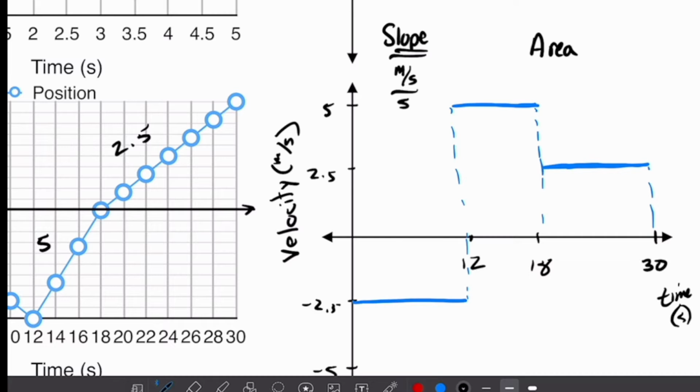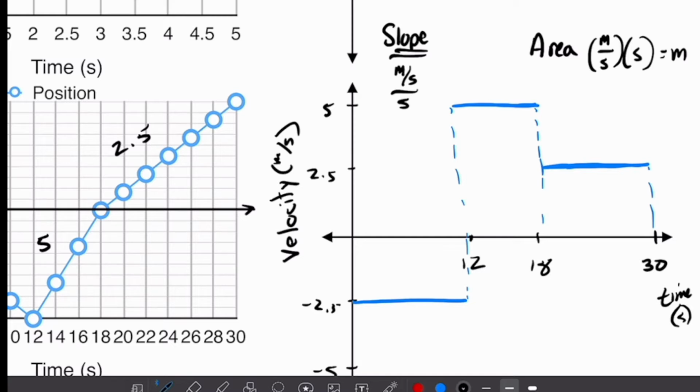Do the same thing for the area, which takes the product of the vertical axis and the horizontal axis. So that's meters per second times seconds. And when I do that, I get meters because the seconds cancel out. Now, does this have meaning to you? If meters has meaning to you, then the area likely has a meaning.